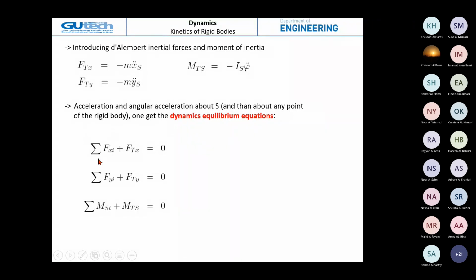That means we have the sum of the forces. This corresponds to the inertia forces, and also the inertial moment, let's say, and this is due to the dynamic motion, okay?